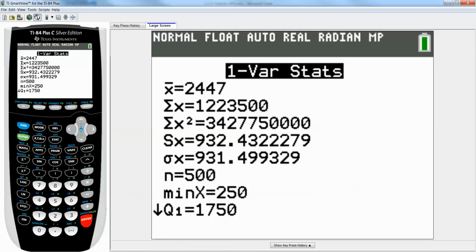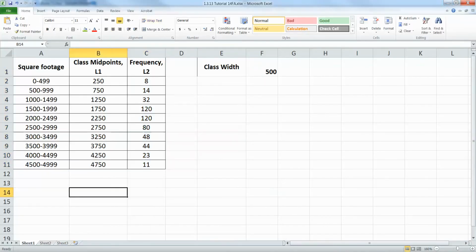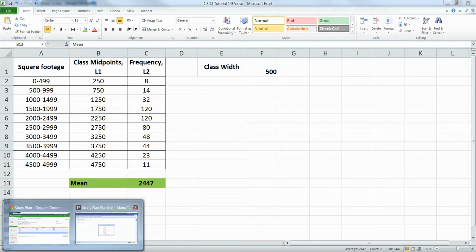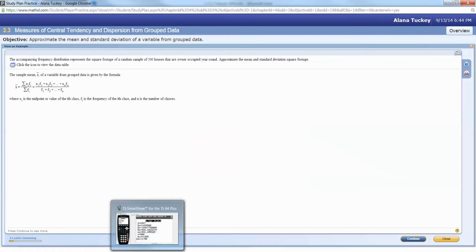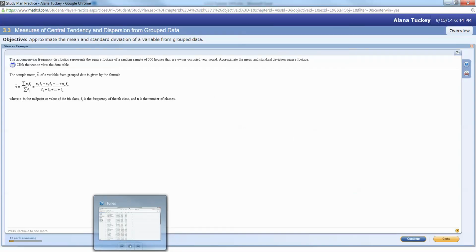And there's my mean. My mean is 2447. So the mean is 2447. There's your result. What else do they need us to find here? Let me go back. Oh, and the standard deviation. Okay, so the standard deviation, was this a sample? Yeah, this was a random sample of houses.